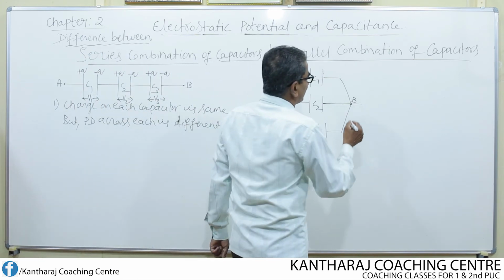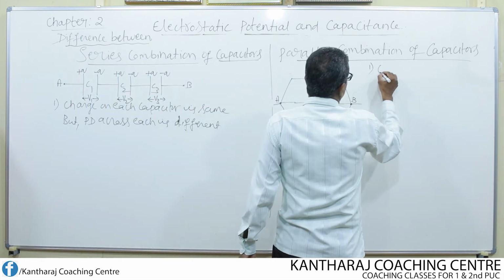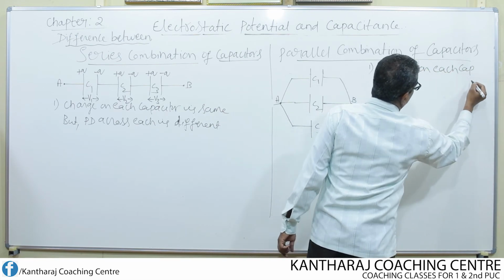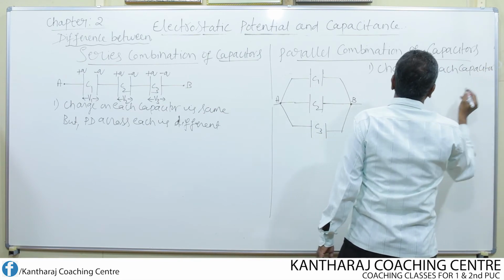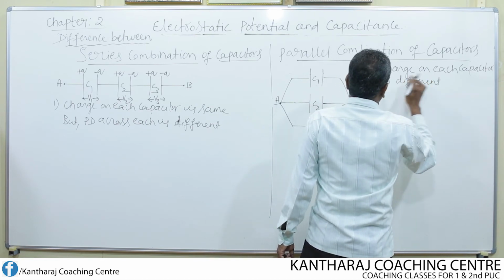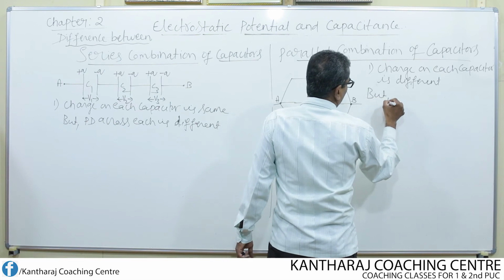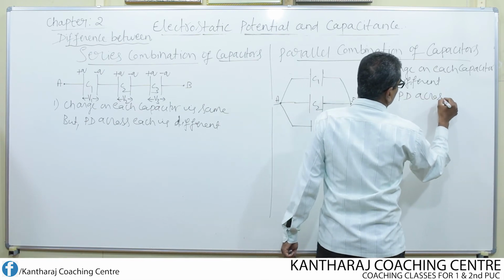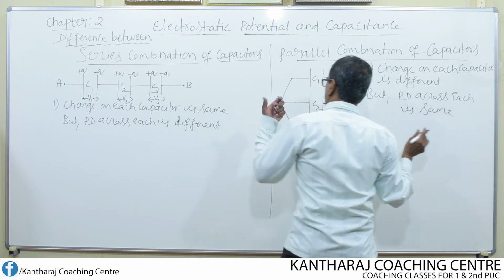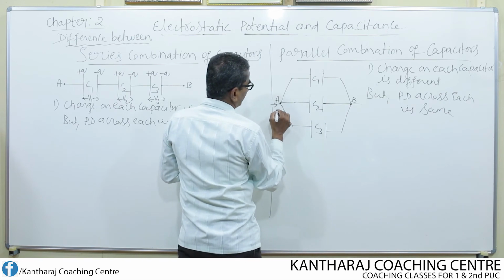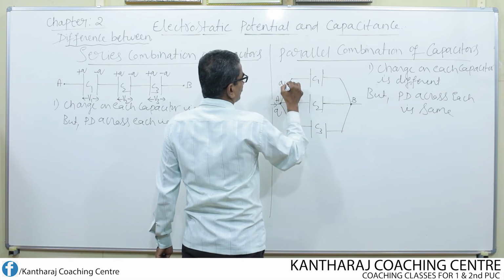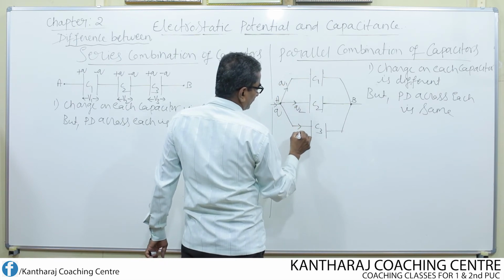Coming to the parallel combination, here the charge on each capacitor is different, whereas the potential difference across each is the same. Look here, if Q is the total charge, it splits into 3 parts: Q1, Q2, Q3.